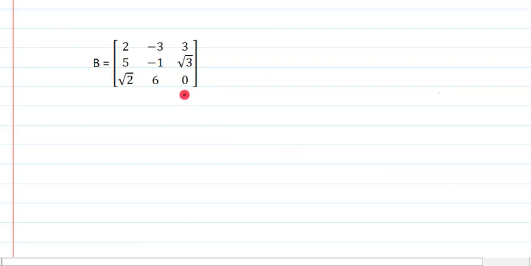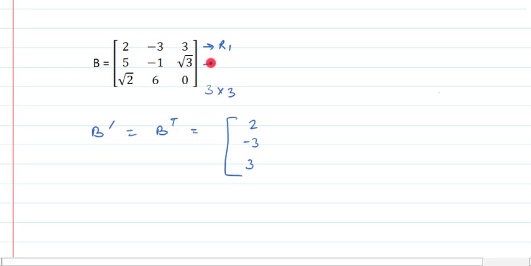Let me take one more example to explain transpose of a matrix. Here is matrix B of order 3 by 3. Let us find the transpose of B. We can represent it by either B dash or B transpose, which is equal to, let us interchange the rows and columns. The elements of R1 are 2, minus 3, 3, and now they will be the elements of column 1, that is 2, minus 3, 3.